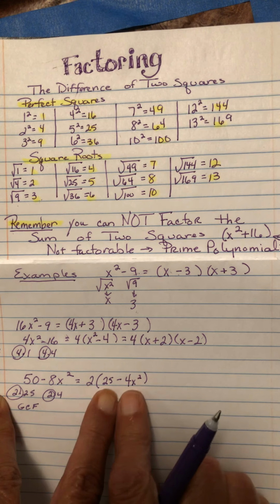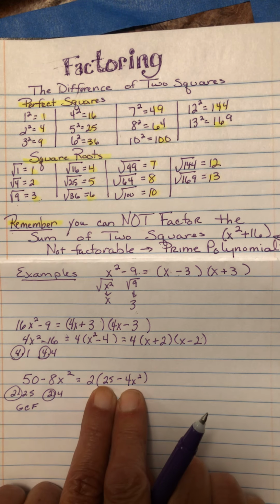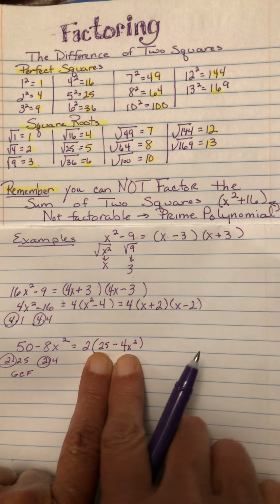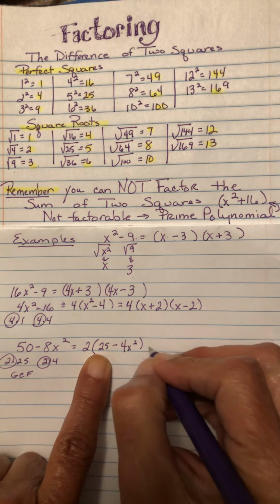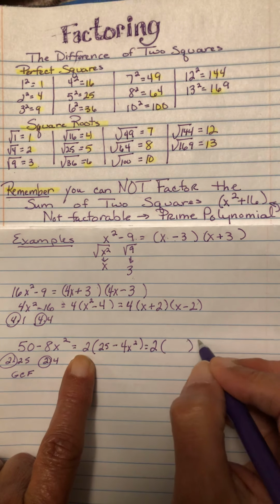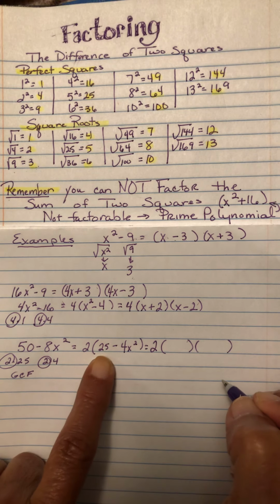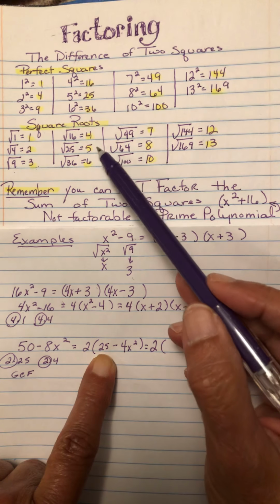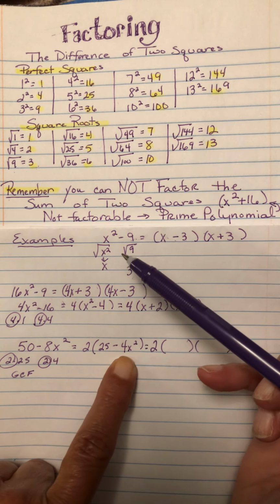Once again, I compare these two numbers and I see that they both are perfect squares. And that being the case, I am going to continue. So the 2, the greatest common factor, is in front. I'm putting my pairs of parentheses, taking the square root. What's the square root of 25, folks? It is 5. What's the square root of 4?